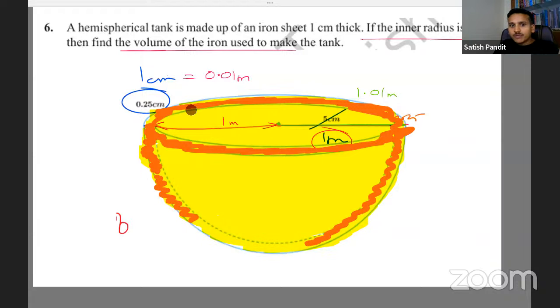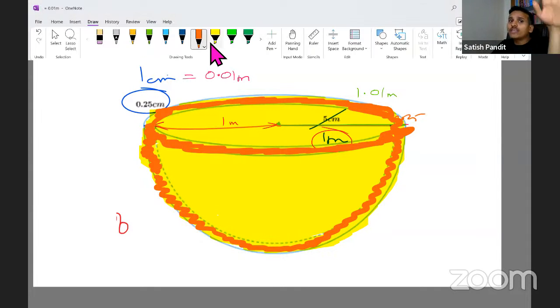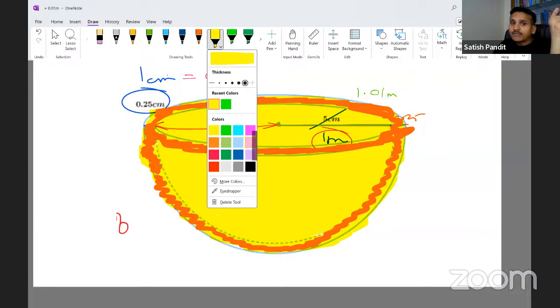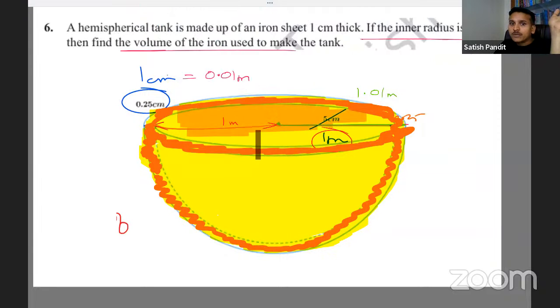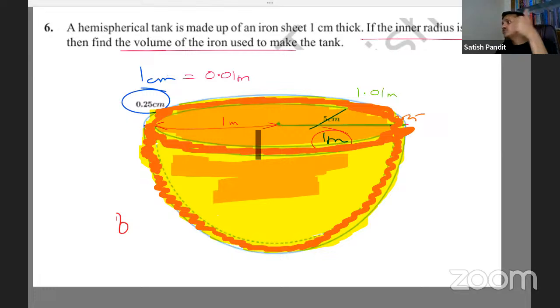Only this much part is made up of iron. So if you find the volume with the outer radius and subtract the volume with the inner radius, that means if you subtract this part, you will get the volume of the iron sheet used, right? Yes or no, everyone? Lokashit, you are not getting? It's actually very simple only.